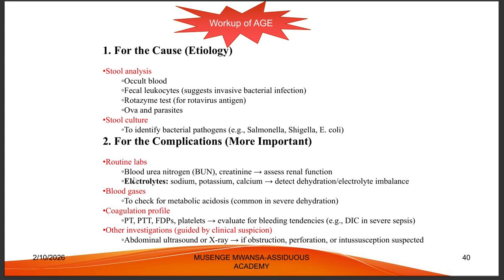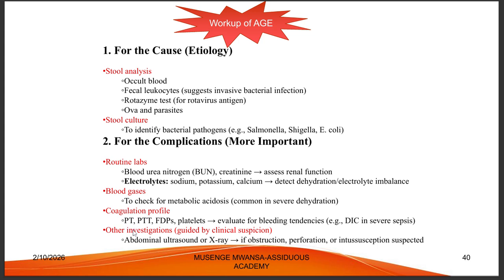For complications, which is more important, you can do routine labs. You can do the blood urea nitrogen and creatinine to assess for the renal function. Electrolytes also are going to be disturbed. For example, sodium, potassium, you can have hypokalemia, hyponatremia, hypocalcemia and such. Blood gases also check for metabolic acidosis.